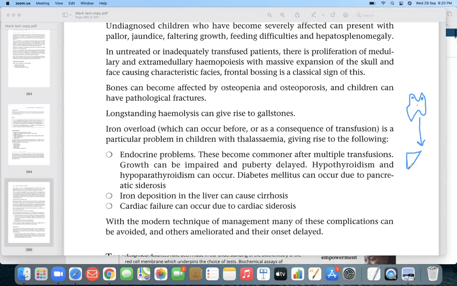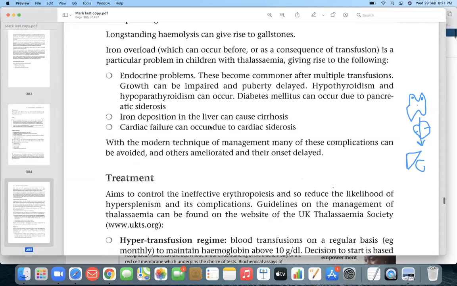Iron deposition in the liver can cause cirrhosis, and in the pancreas can lead to diabetes mellitus. Then even in the heart, there can be iron deposition, and this might lead to heart failure. This is called cardiac cirrhosis. With modern technique and management, many of these complications can be avoided and others ameliorated, their onset delayed.